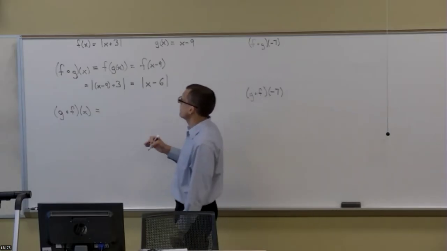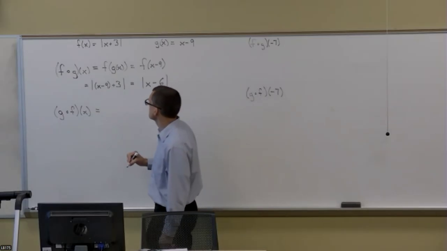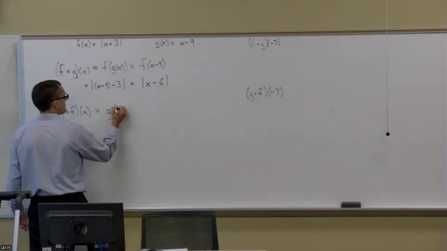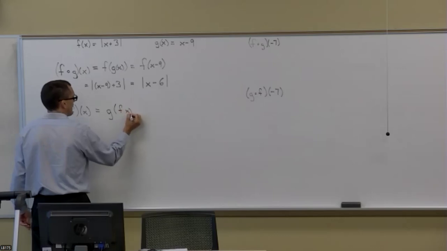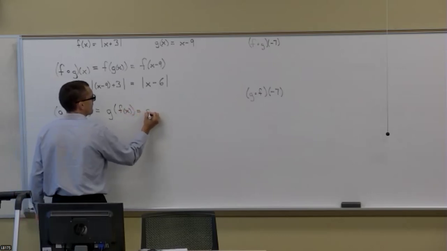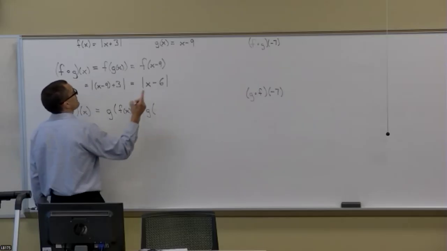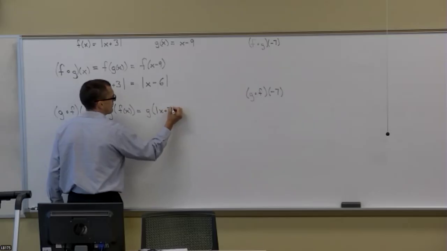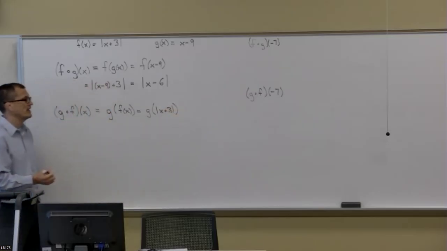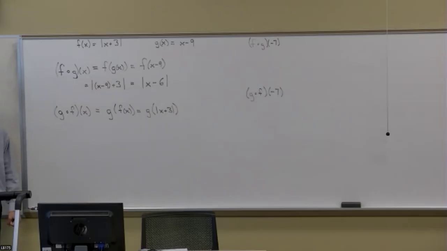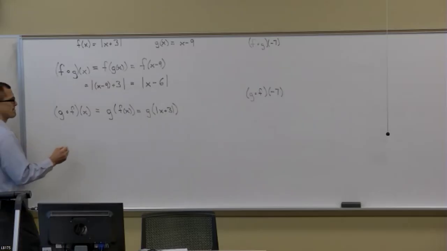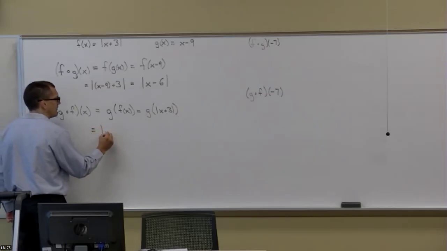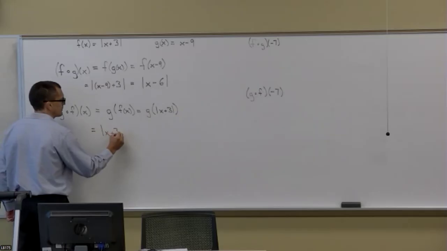On the other side, we're going to take g of f of x. So into the expression g, I'm going to put the absolute value of x plus 3. So I replace the variable in g with the absolute value of x plus 3. And in that case, I would have absolute value of x plus 3.